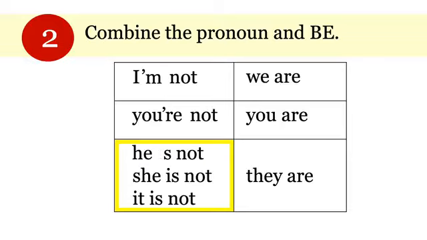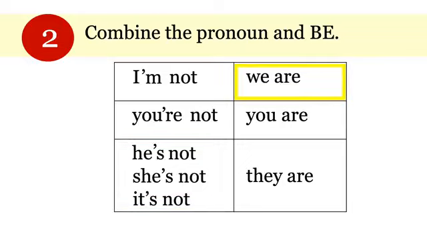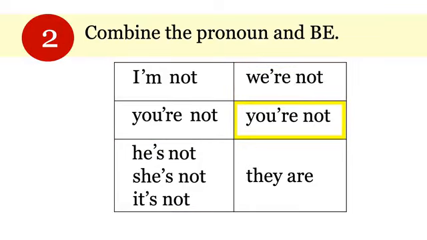He is not. This time it's the S you drop, then use the apostrophe. He's not, and she's not, and it's not. And the rest of these are, so they follow the same pattern. We're not, you're not, they're not.